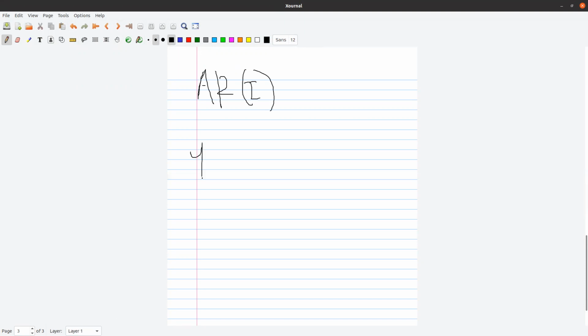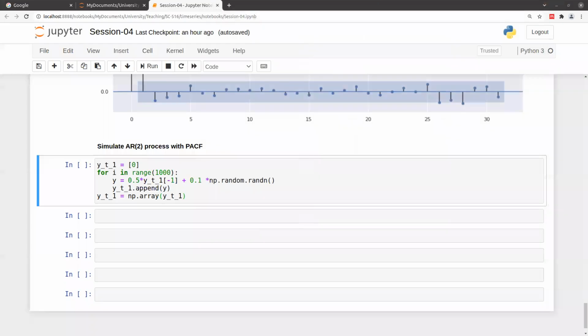Here it should be y t equals alpha 1 y t minus 1 plus alpha 2 y t minus 2 plus epsilon. That's all. Very simple, right?